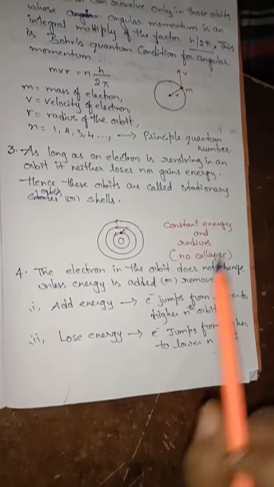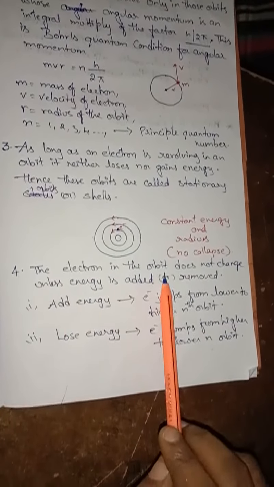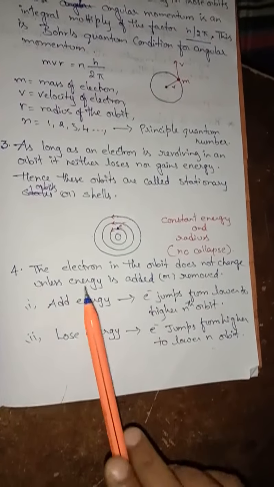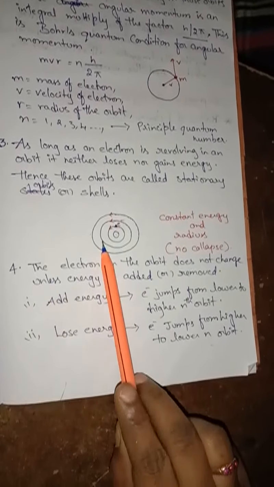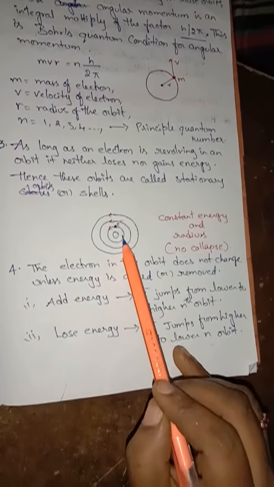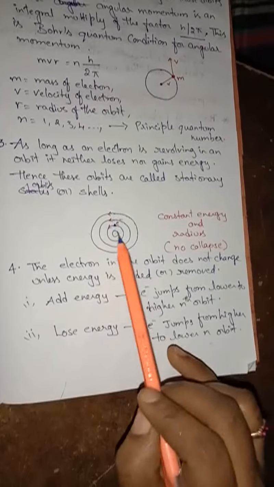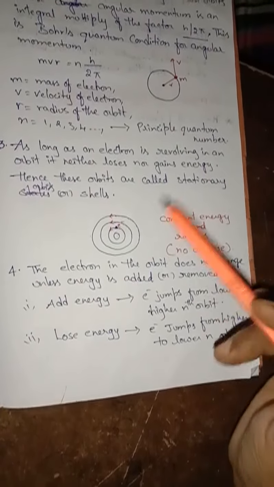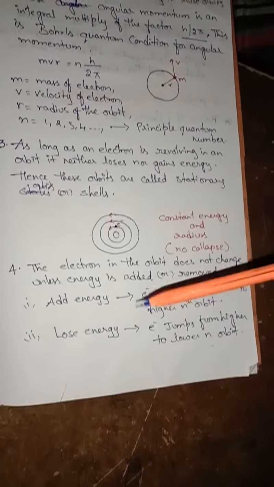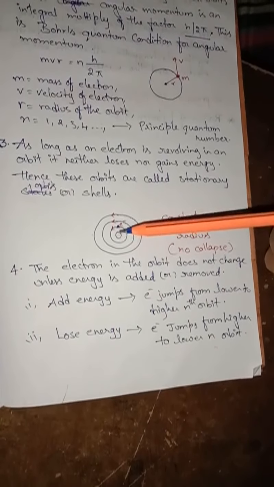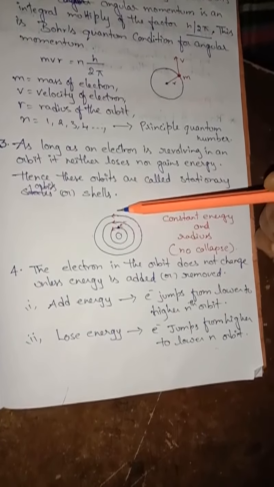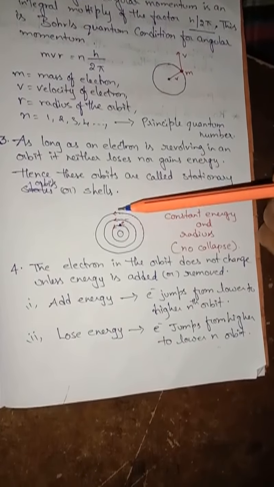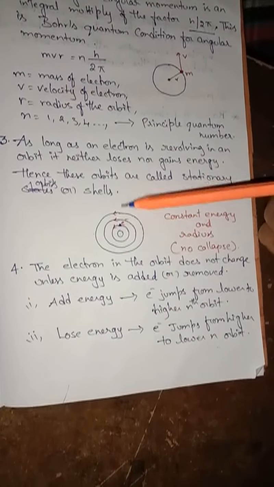That is the fourth postulate: the electron in an orbit does not change unless energy is added or removed. If you add energy, the electron jumps from a lower orbit to a higher orbit. If you remove energy, the electron moves back from the higher orbit to the lower orbit.